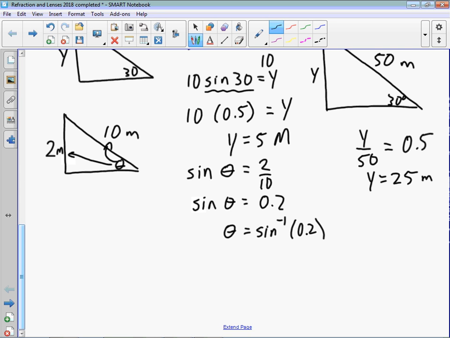And right here I made a little mistake because I haven't calculated in degrees, so I'm going to put it in degrees. I'm going to try it again. I'm going to type 0.2 and press second function sine, which really is going to give me the inverse sine. And that's going to give me 11, we'll call it 11.5. Maybe we'll just keep everything to degrees in this course, and we'll go 12 degrees.